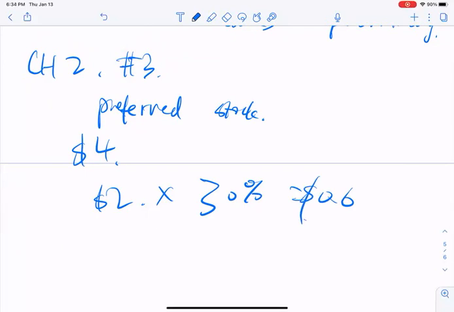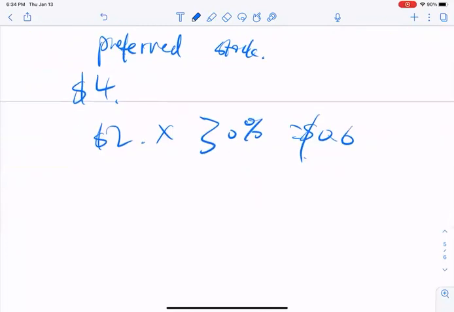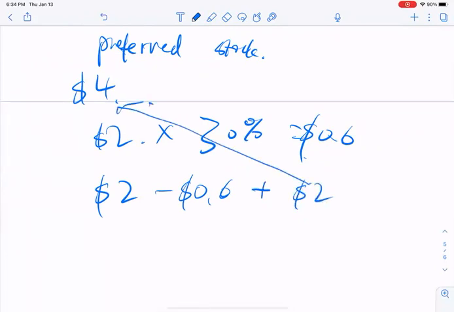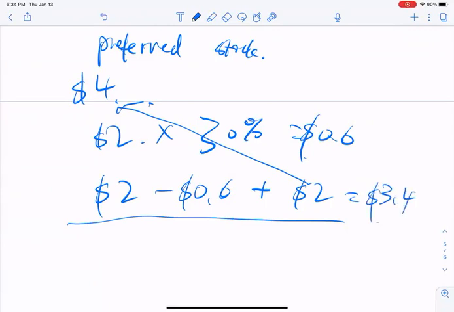And then your return should be $2 minus the 60 cents plus the original $2, which is not taxable. So it's a total of $3.4. And then you can calculate the after-tax rate of return.